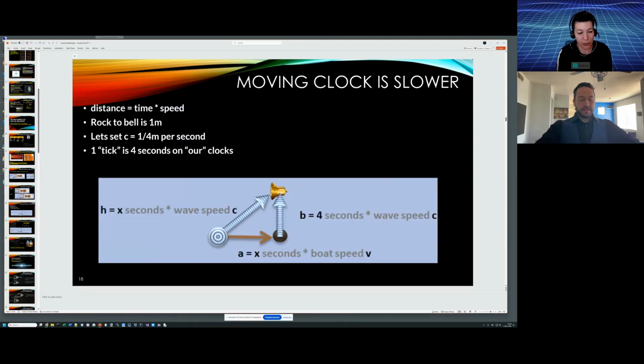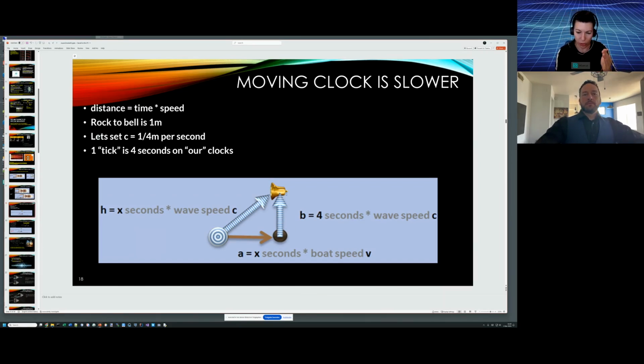I make this really simple on purpose, because people always say, oh my God, special relativity is so difficult. It's really not, okay? It's literally distance, time, and speed. So let's say we want to figure out how long it took for the moving boat, if we know it's 4 seconds when it's standing still.